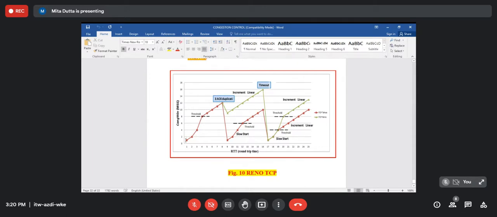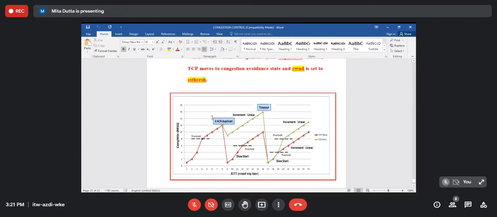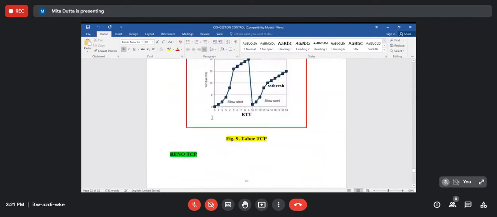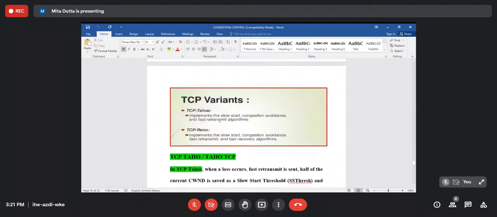So here we always start in slow start, with congestion window CWND equal to 1, and the window grows exponentially: 1, then 2, then 4, then 8, and after the SS threshold, to get rid of congestion, slow start and congestion avoidance, and then fast retransmit.